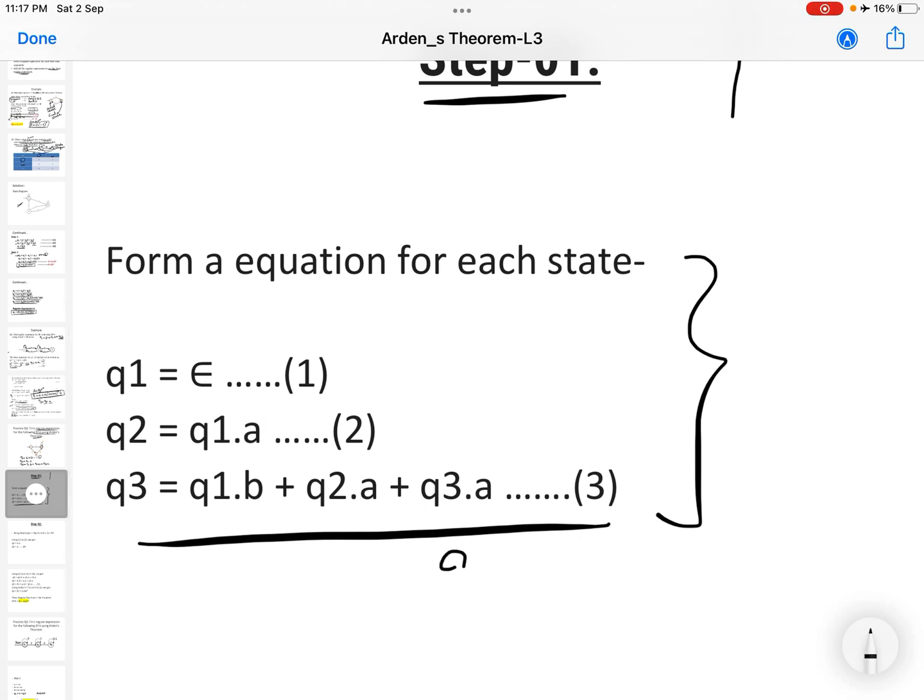Step number 2, you will substitute. How will you substitute? Q1 equal to epsilon is given.